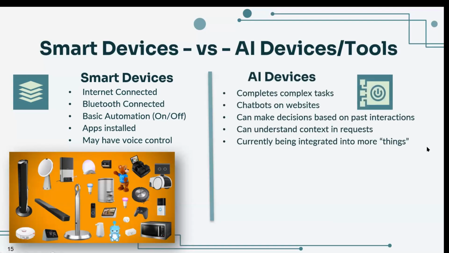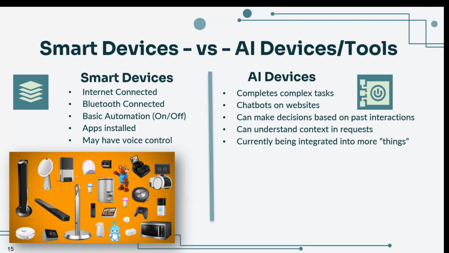Now, what are AI devices? AI devices are devices that can complete complex tasks. We're going to talk about chain of thought tasks here in a minute, but very complex tasks, where historically it was binary on off: turn this on, turn this off, turn the volume up, turn the volume down, things like that. AI devices are going to be chatbots on websites that can have immersive conversations with you. They can make decisions based off of past interactions.